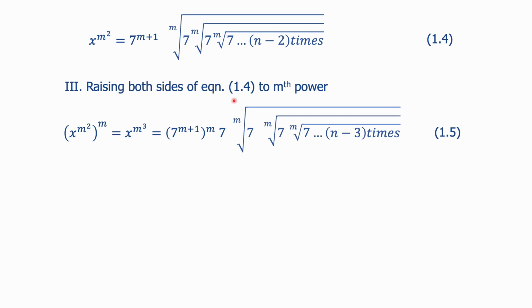Raising both sides of equation 1.4 to the mth power, we get x to the power m square, to the power m, is equal to x to the power m cube, which is equal to 7 to the power m plus 1, to the power m, multiplied by 7 multiplied by the mth root of 7 multiplied by the mth root of 7, and so on, repeated n minus 3 number of times.